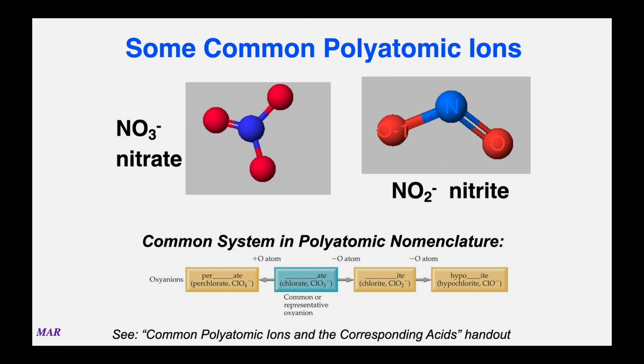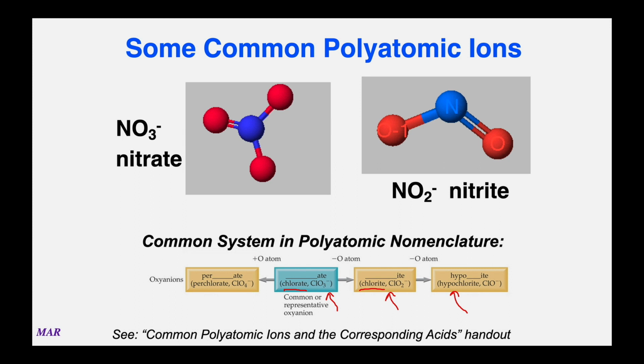On the bottom here, we've got another way. The blue box is the ate, and that's the most common of the polyatomic ions with that central atom. As you remove an oxygen, you go to the ite. So chlorate, in the bluish box, goes to chlorite. Now, once in a while, you can even have 1 less oxygen. If you take away 1 oxygen from chlorite, you make hypochlorite. Notice the chlor part in the middle is the same here.